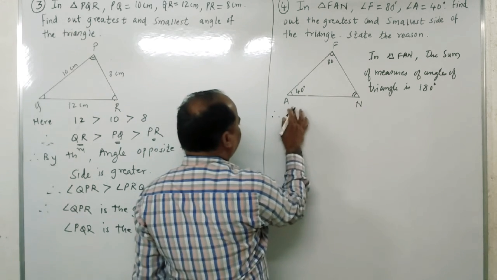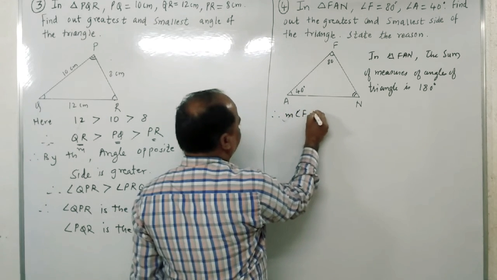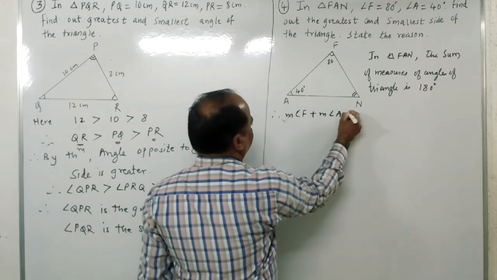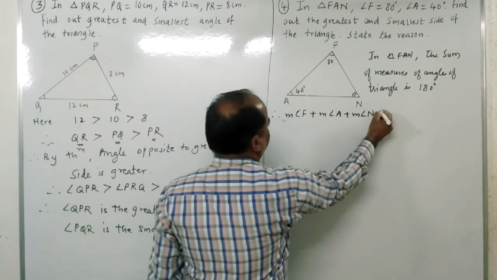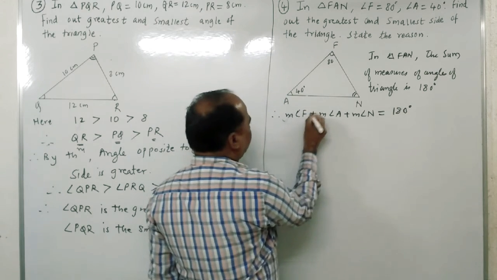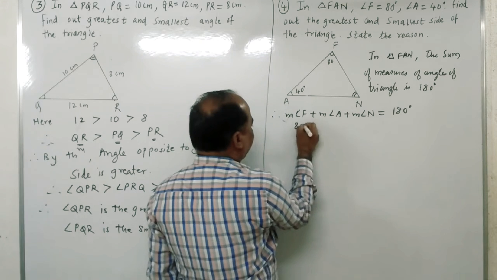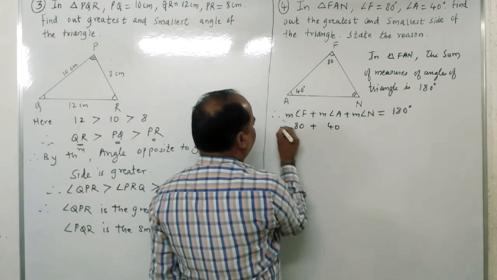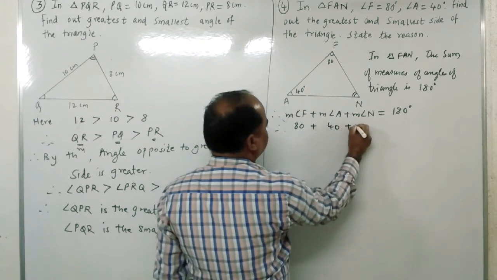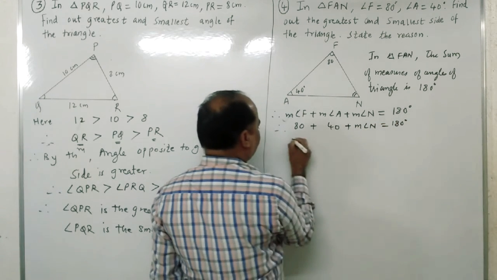Therefore, measure of angle F plus measure of angle A plus measure of angle N is equal to 180. Now angles F and A are given. We have to find N. So 80 plus 40 plus measure of angle N is equal to 180 degree.